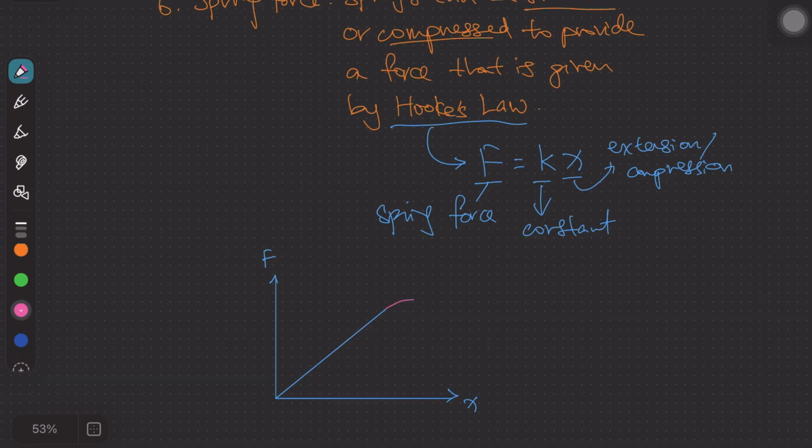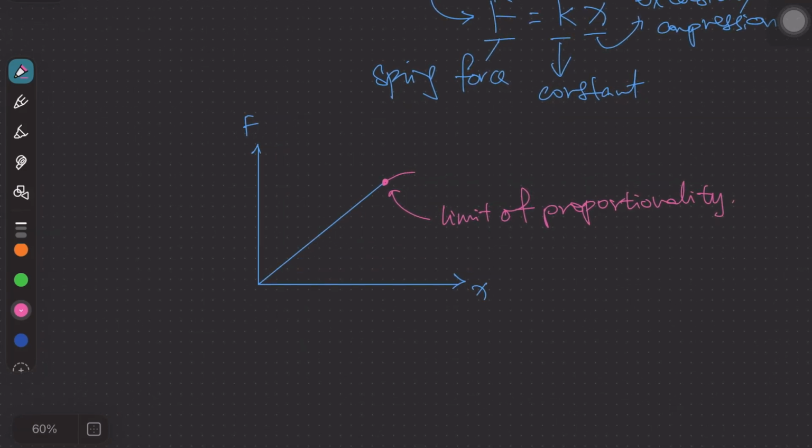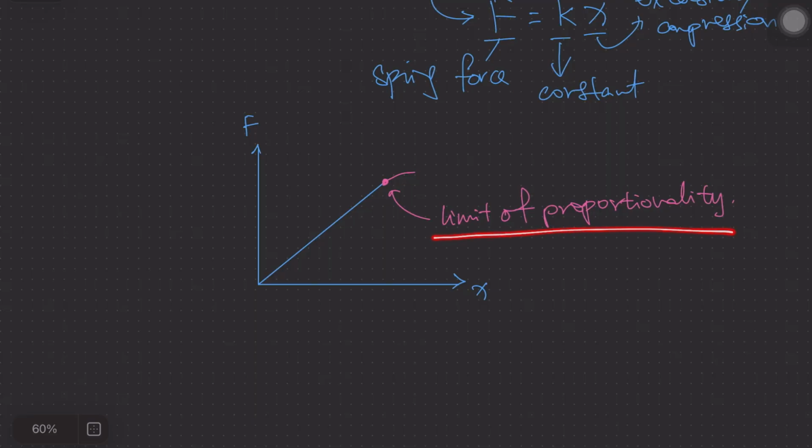This is what we refer to as the limit of proportionality, and once this limit is exceeded, the spring will no longer return to its original length once the force is removed. So Hooke's law applies only within the limit of proportionality, so within here to here.